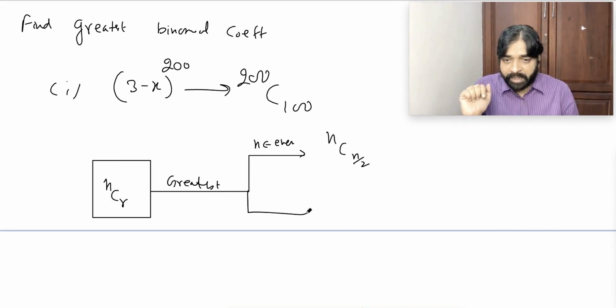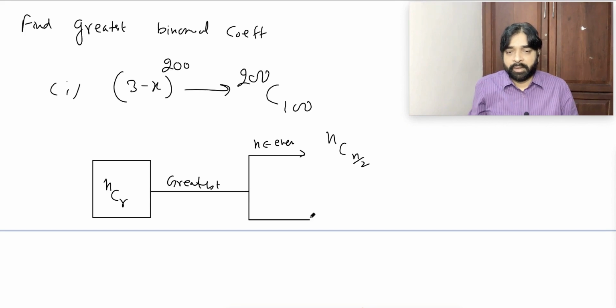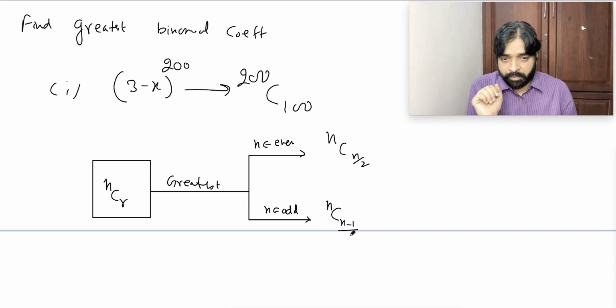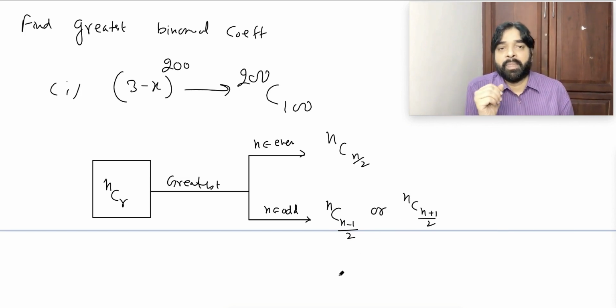And if n is odd, then what is the greatest binomial coefficient? nC((n-1)/2) or nC((n+1)/2). Actually, in fact, both are the same thing.